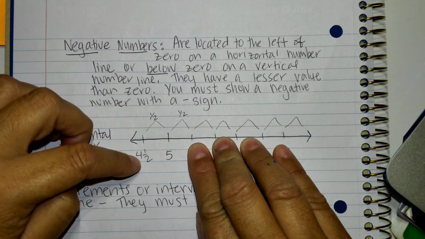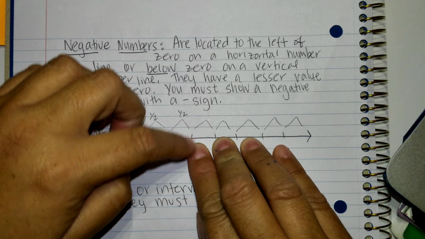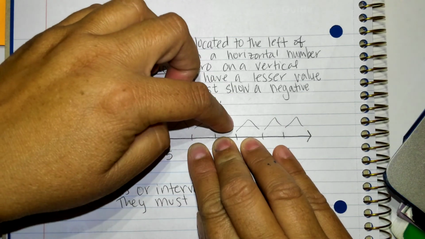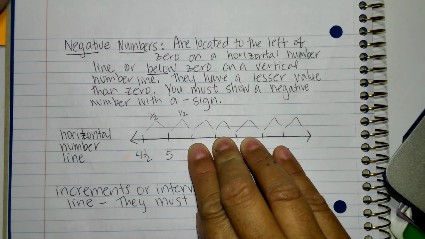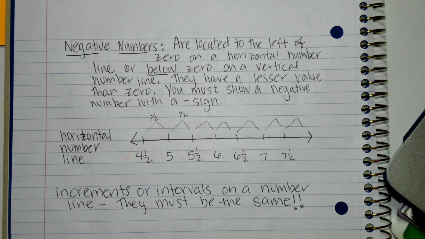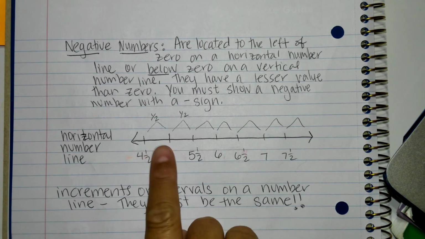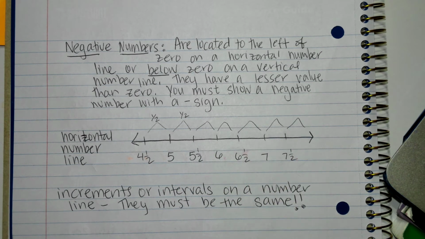You can't go from 4.5 to 5 to 6 to 8 to 8.5 to 9 to 10 to 10.5 because the amounts between have to be the same. These little tick marks are increments or intervals, and they are important and they mean something. And you have to attend to precision. They have to be the same.